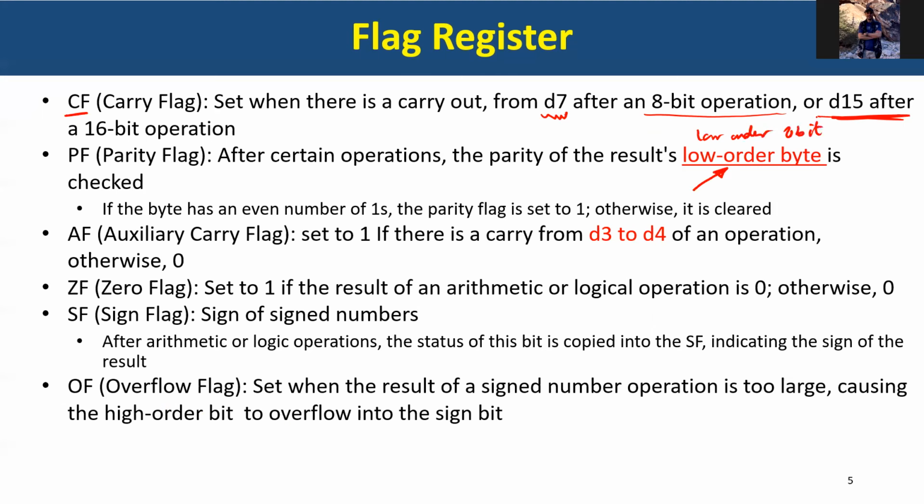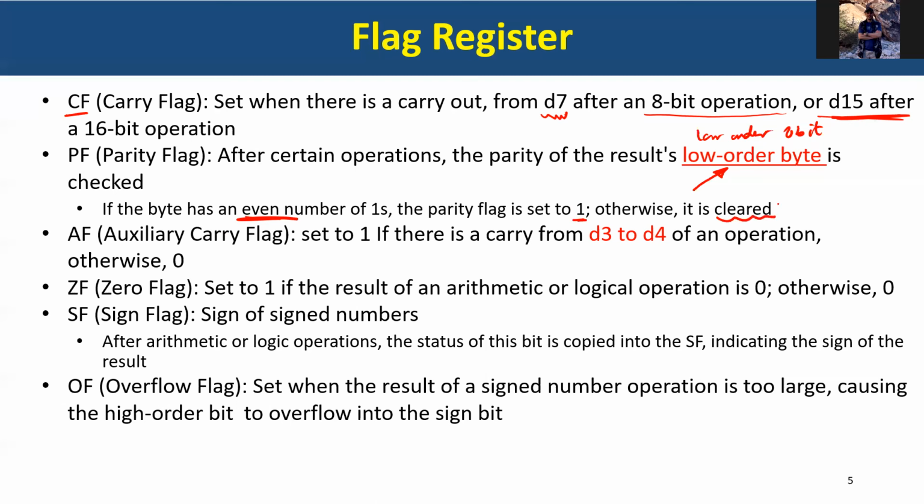So whether the operation is 8-bit, 16-bit or 32-bit, we always check the least significant 8 bits. If the number of ones there is even, then the parity flag will be 1. Otherwise, it will be 0.